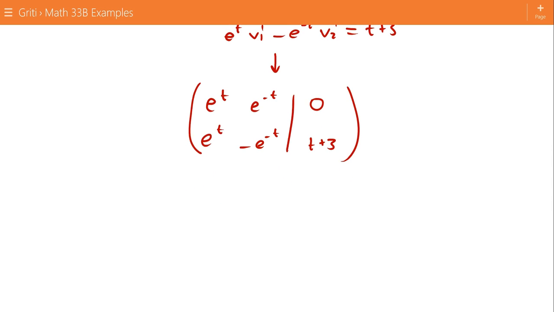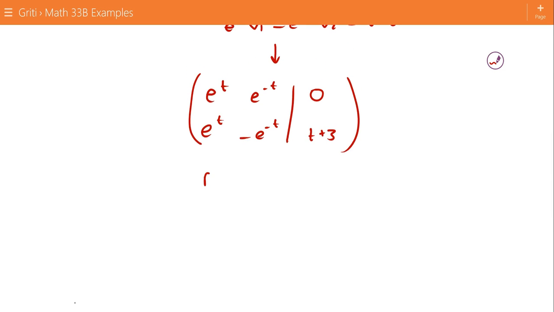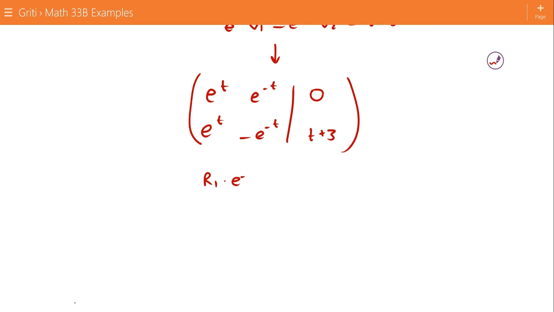So now we can divide the top row and the bottom row by e to the t. So let's go ahead and do that. We're going to take R1 and divide it by e to the t, which is the same as multiplying it by e to the negative t.